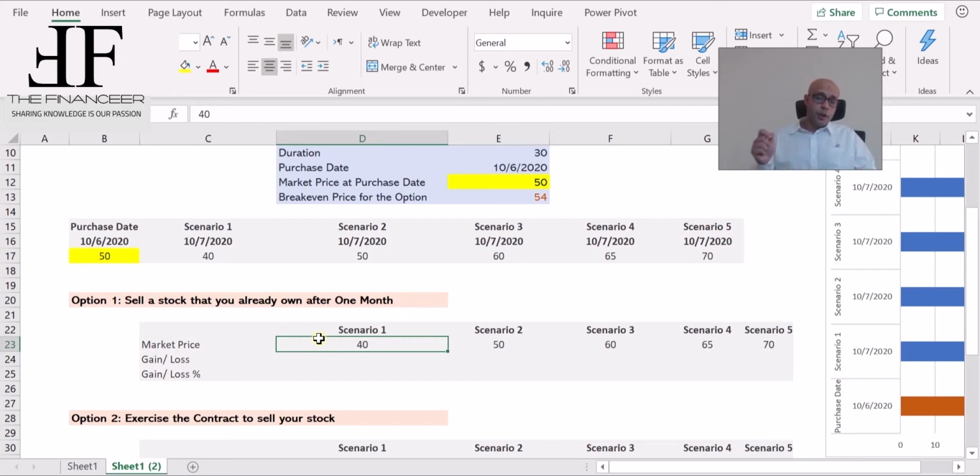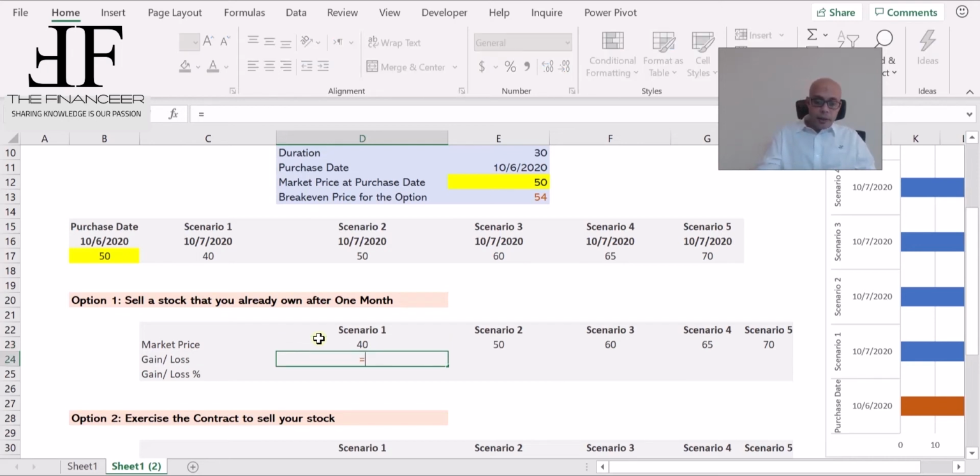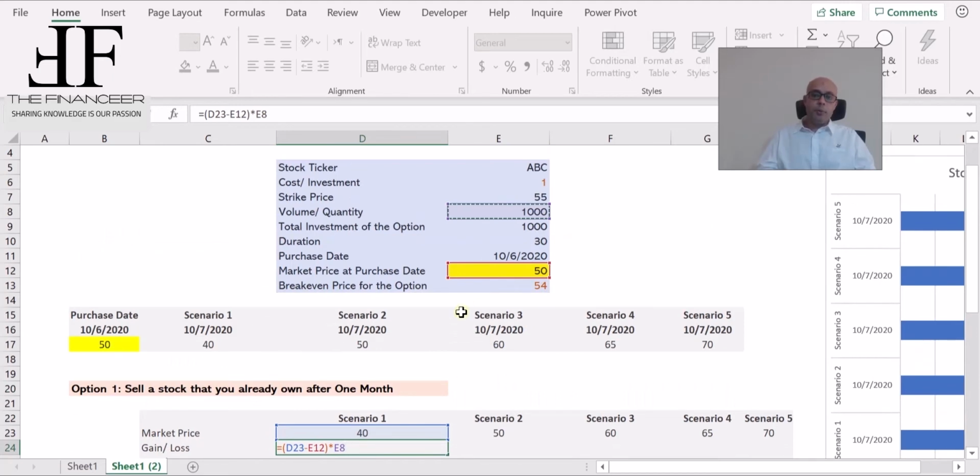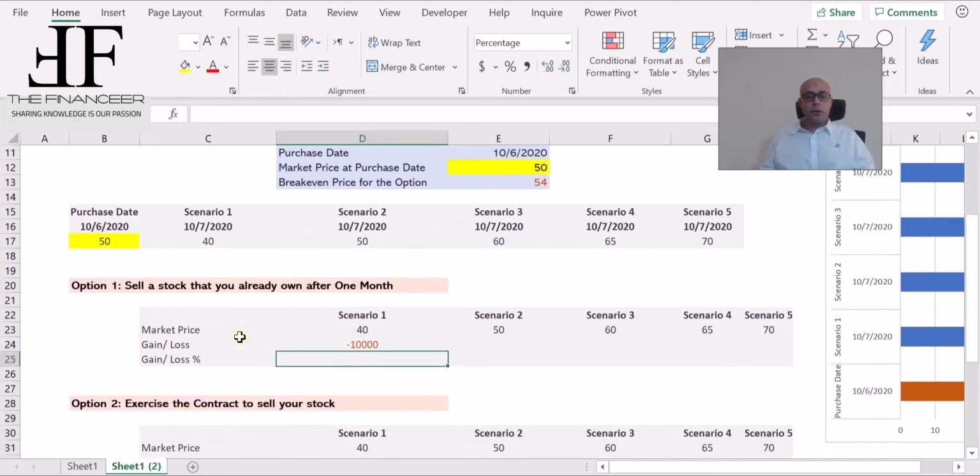So the question here is, did you achieve a gain or loss? I purchased at 50 and I sold at 40, so I achieved a loss. The loss here will equal 40 minus 50, which is the price that you purchased at, times the number of stock that you purchased. So this is the total loss in the first scenario, which is $10,000.